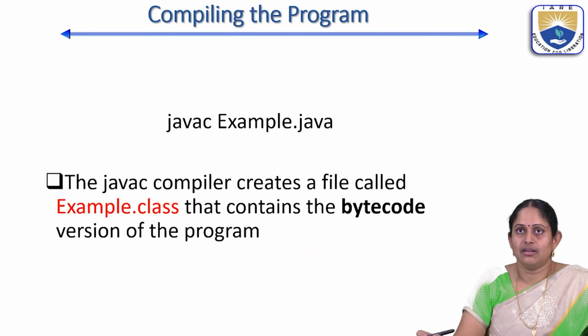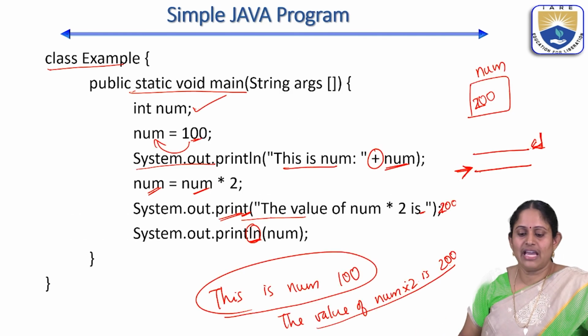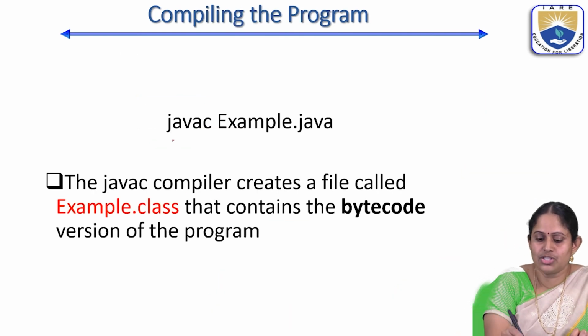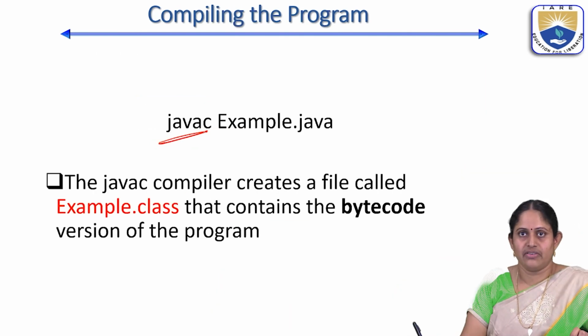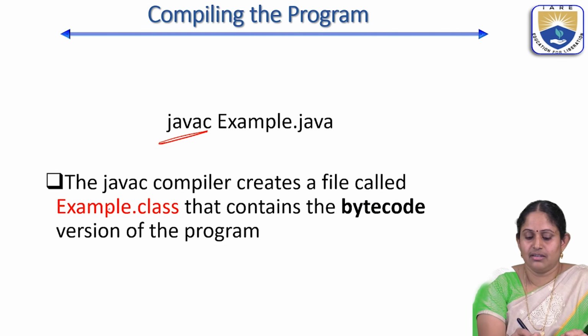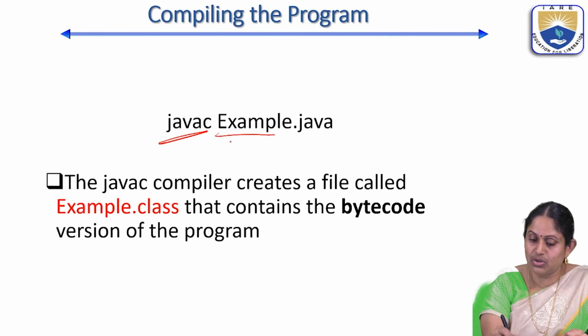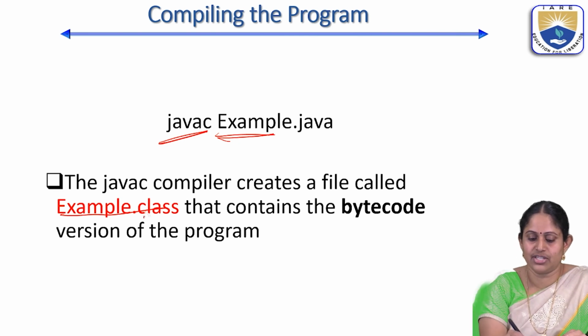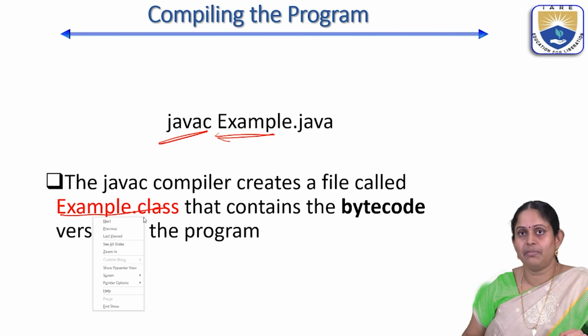Now once the program is written and done, we have to compile it. The command used for compiling is javac. Once the Java program is compiled, it will create bytecode with a .class extension, and this will be given for execution.